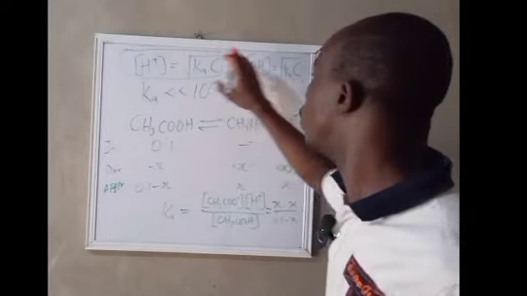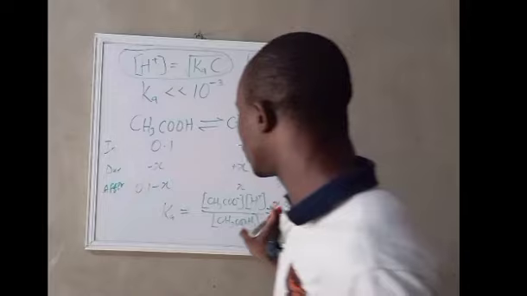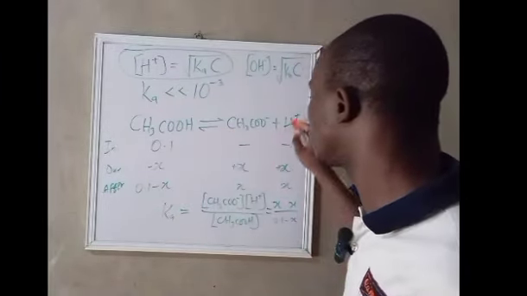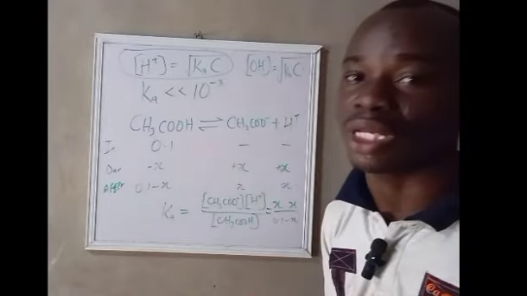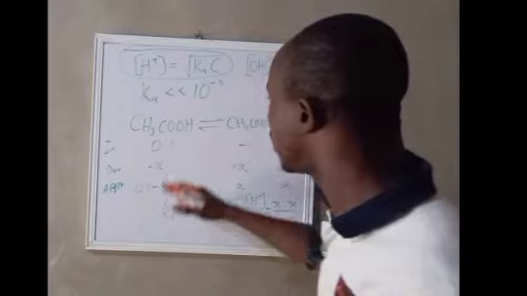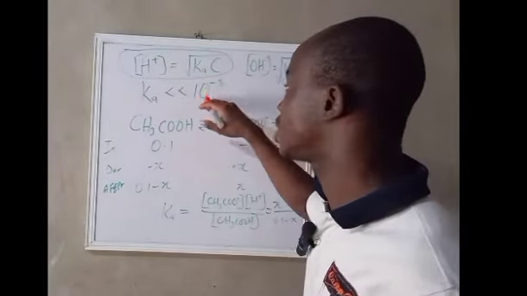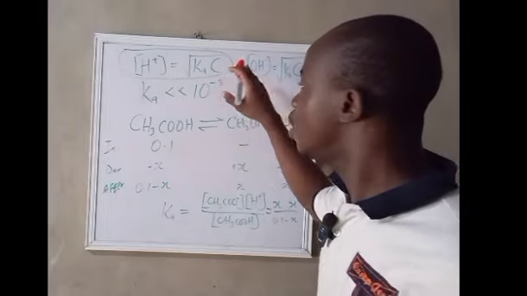That's where this is applicable. But if this is not true, it's better to go through this particular way to get the amount of H plus produced for that weak acid or that weak base. But anytime you note that the Ka is very small and less than 10 raised to power minus 3, you can simply just go through this.